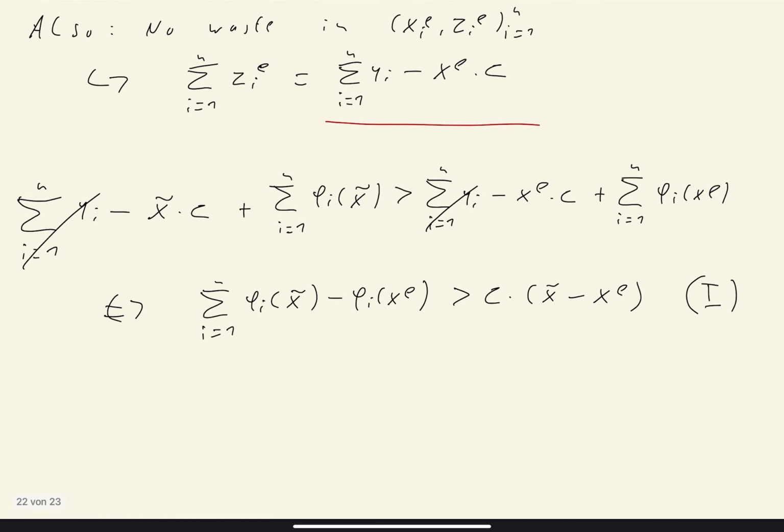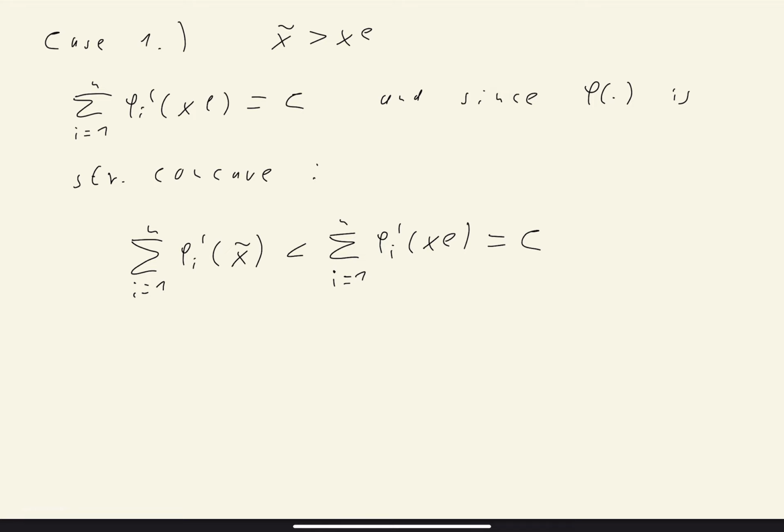And please keep in mind, I have a solution manual where the numeration of inequalities or equalities might differ from what I'm showing you here. So don't get confused with the numeration of the equalities and lines. They are not the same compared to the solution manual that I always upload on Moodle. Okay, so this will be condition 1.